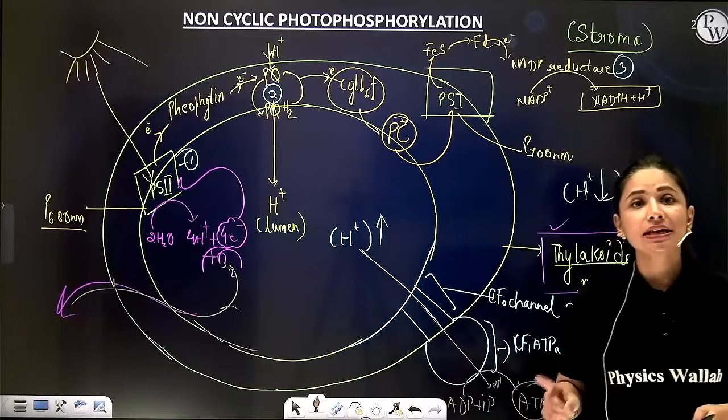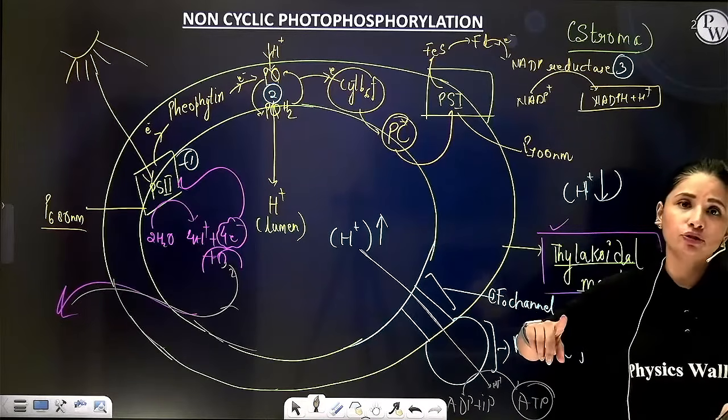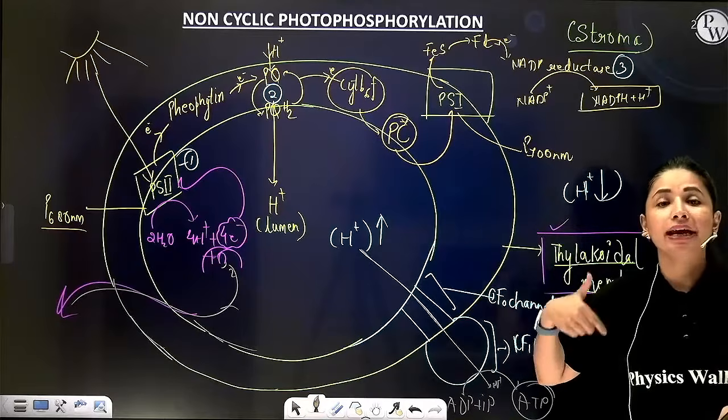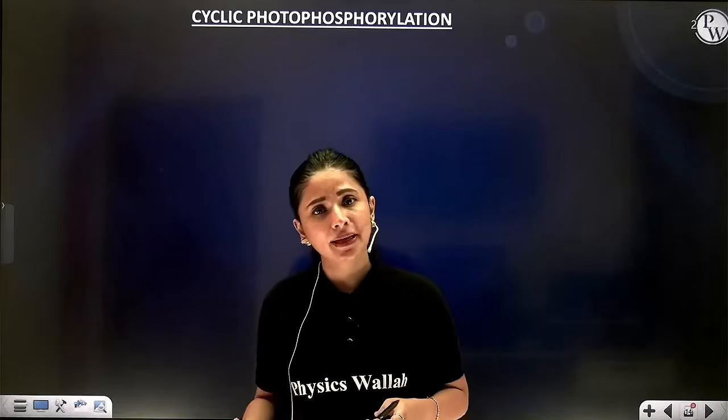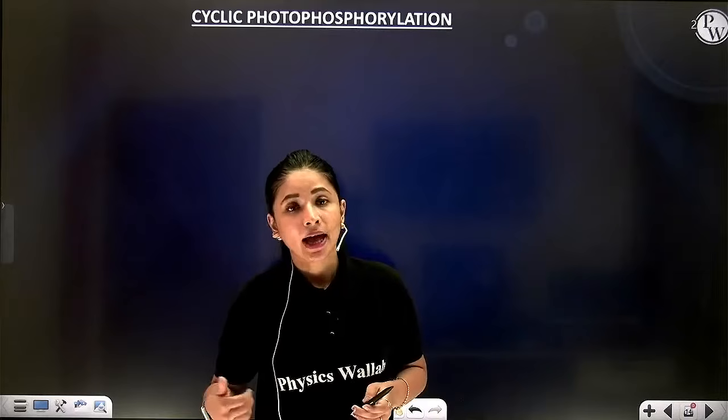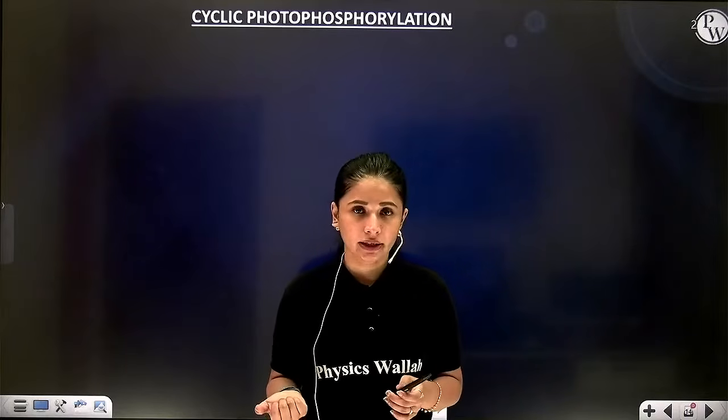The second way is also there to perform light reaction. There you will see cyclic flow of electron in order to generate ATP, and that is known as cyclic photophosphorylation. This is not the major way of performing light reaction. Plants prefer the non-cyclic method more, and there are certain reasons associated with it.